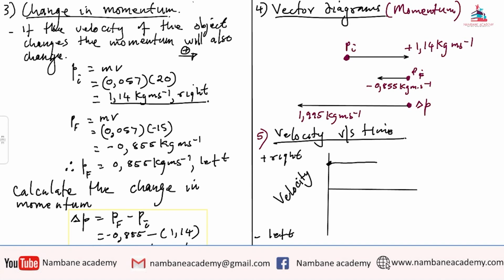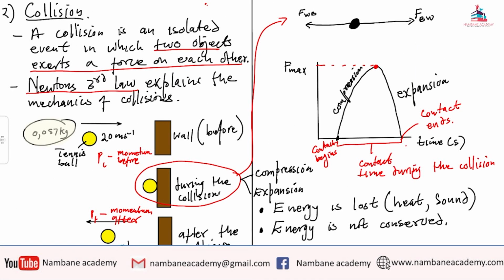But when it hits the wall, let's go back. When it hits the wall, for it to change direction, what must happen? Can it change direction with the same velocity of 20?